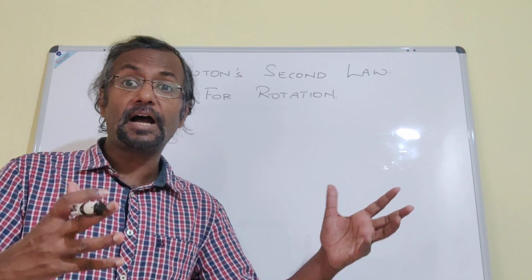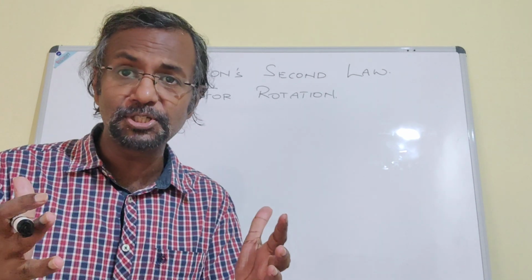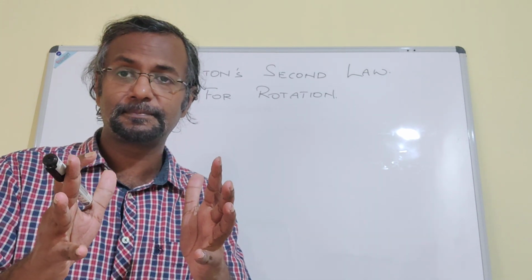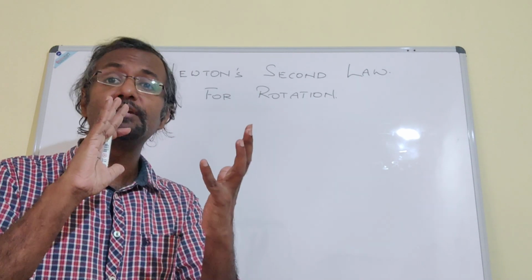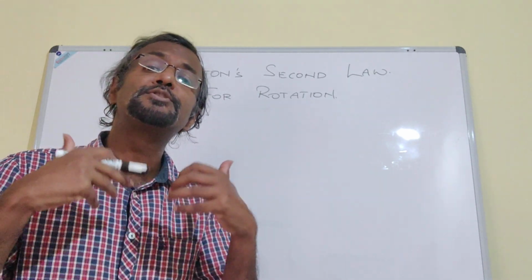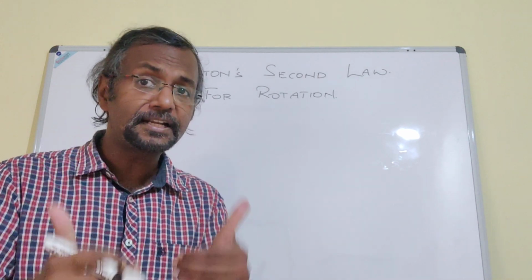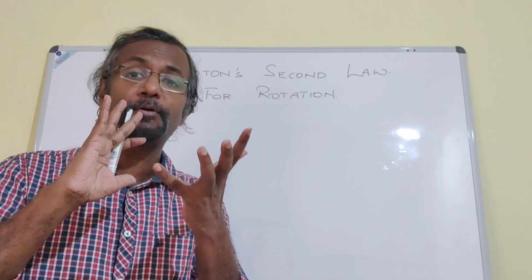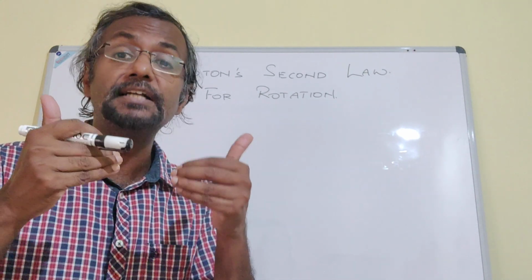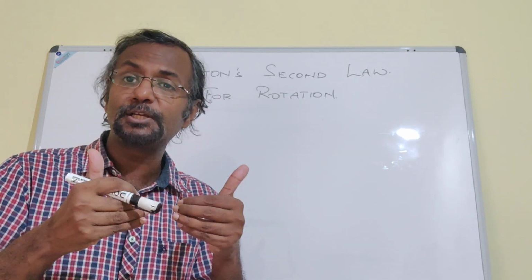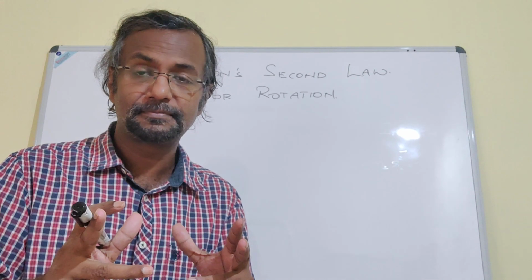It continues that way unless it is forced to change its state by a force. The same applies to rotational motion. A body which is in rotational motion continues to be in rotational motion unless that state, uniform or the omega is constant, uniform rotational motion, is changed by a force.